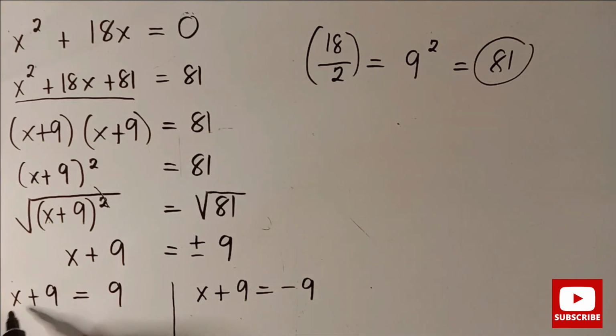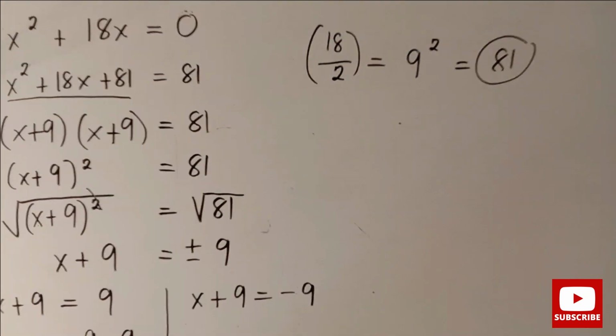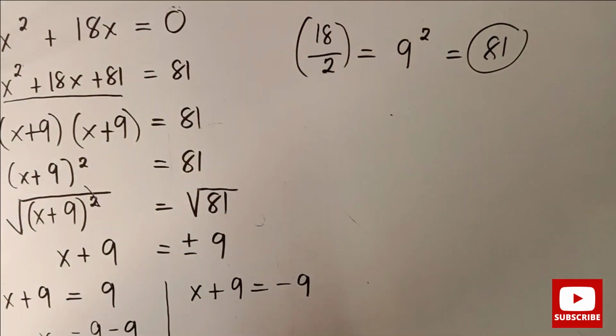To get the value of x, we will transfer positive 9 to the right side. So x equals, copy this one 9, and then from positive 9 it becomes negative 9. Hence x is equal to 0. So this is the first value of our x.